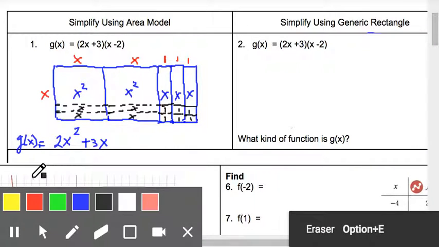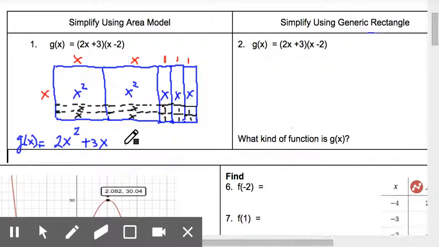So to find the area of the remaining figure, we will start with what we originally have, which is 2x squared plus 3x, and then we will take away whatever we are cutting off here. So we cut off 4 x's, so minus 4x, and we cut off 6 unit tiles, so minus 6.